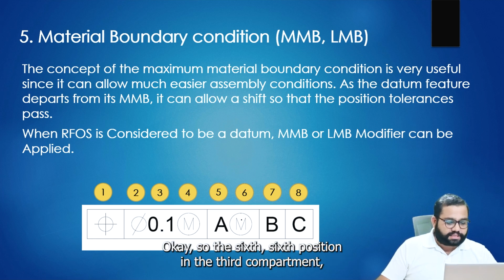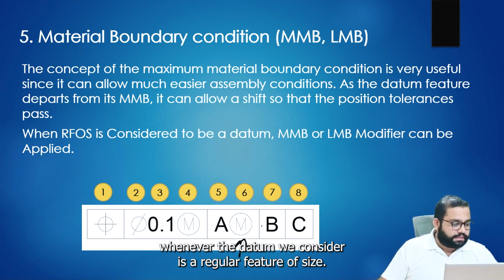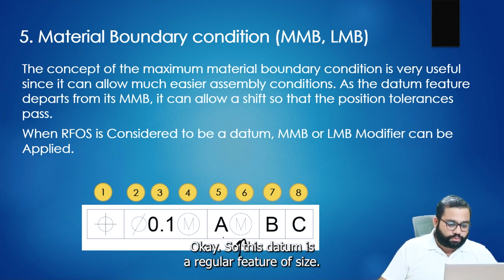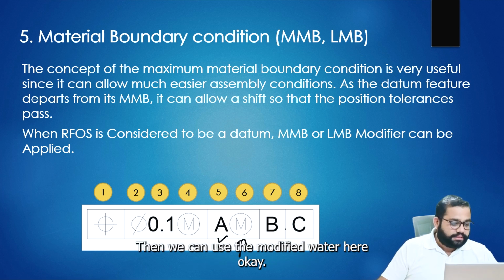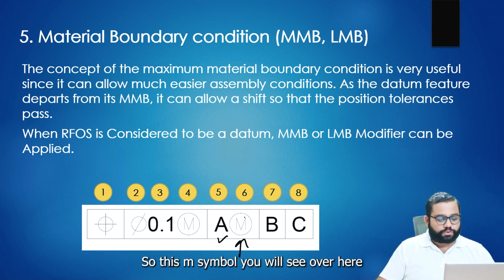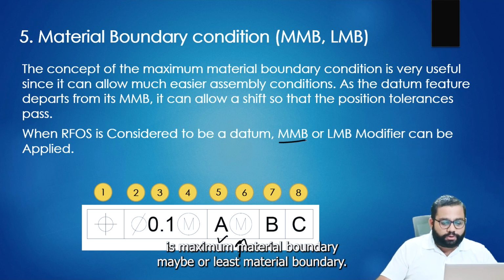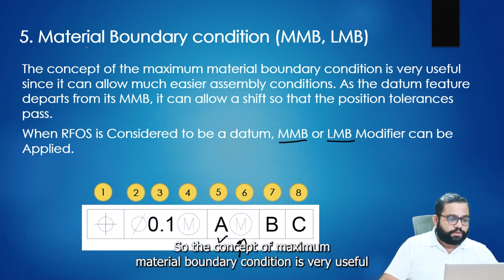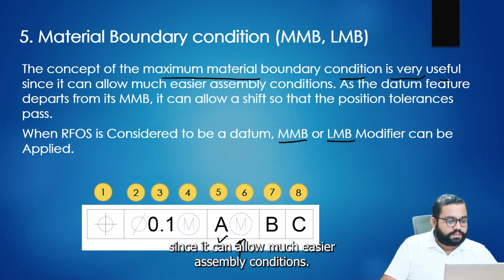Now we will move on to the concept of the boundary condition. In the sixth position in the third compartment, whenever the datum we consider is a regular feature of size, we can use the modifier over here: maximum material boundary or least material boundary. This M symbol you see is maximum material boundary, MMB, or least material boundary. The concept of maximum material boundary condition is very useful since it allows much easier assembly conditions.